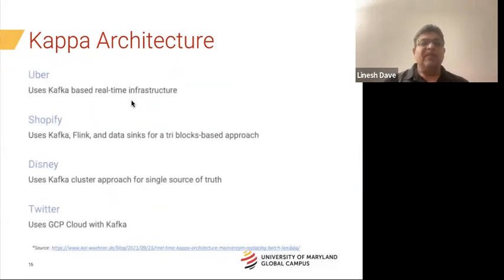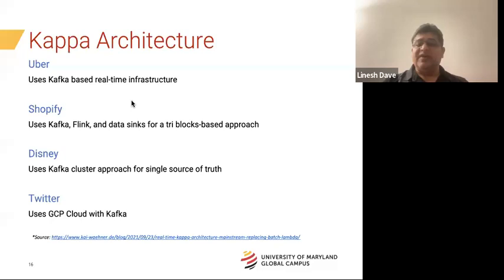So some of the companies that make use of Kappa architecture, like Kafka: Uber uses Kafka-based real-time infrastructure. Shopify uses Kafka, Flink, and data syncs for a tri-blocks-based approach. Disney uses a Kafka cluster approach for a single source of truth. They bring in all their data and store it in a single Kafka cluster. Okay, Kafka cluster means multiple. Of course, there's multiple of them.